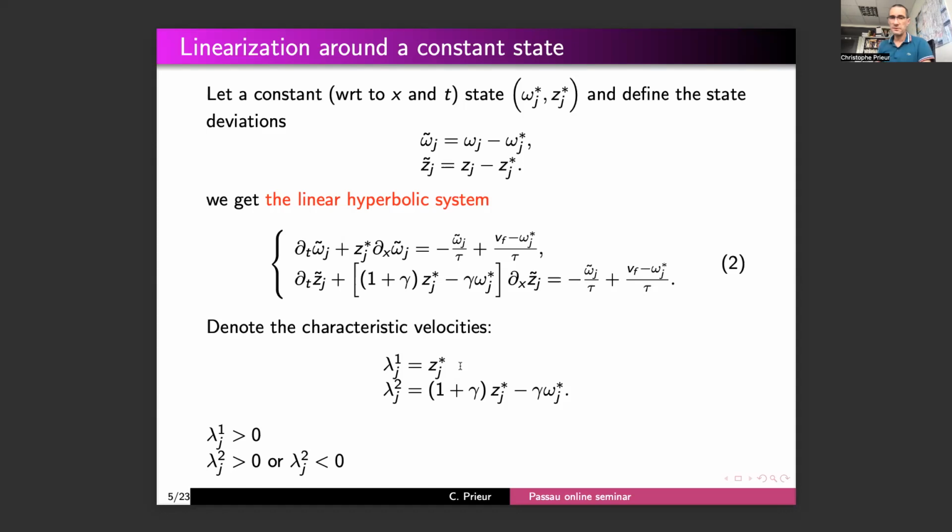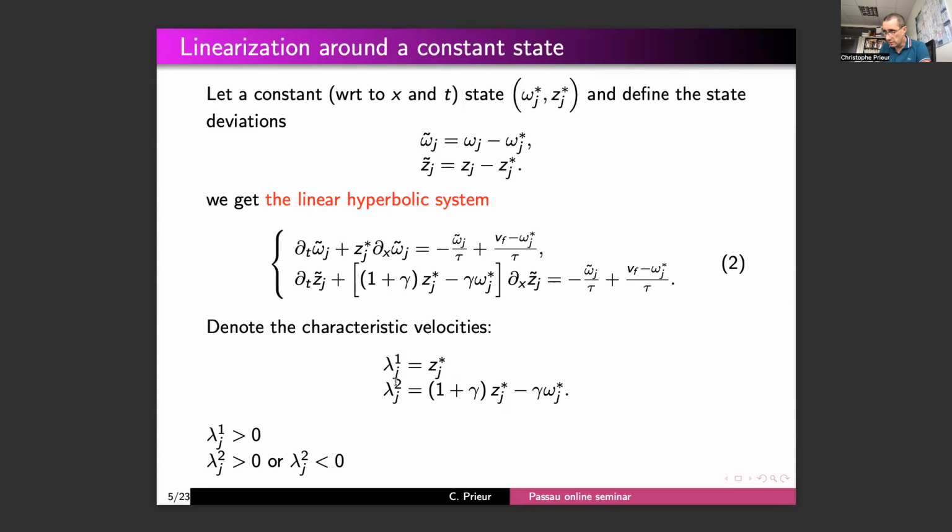Here I just linearize the previous dynamics around a given state, constant with respect to time. It is an equilibrium, and also constant with respect to the x variable, which is the space variable. It is straightforward, and I have just the same velocity as before, except that it is computed at this state w star and z star.